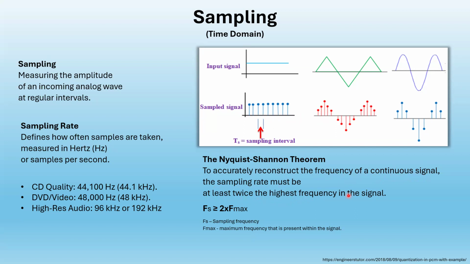This way, as you remember from the previous presentation, we can actually reconstruct the frequency of the wave. Now take a look at this here. Human hearing range is 20 hertz to 20 kilohertz, 20,000 hertz, officially, right?